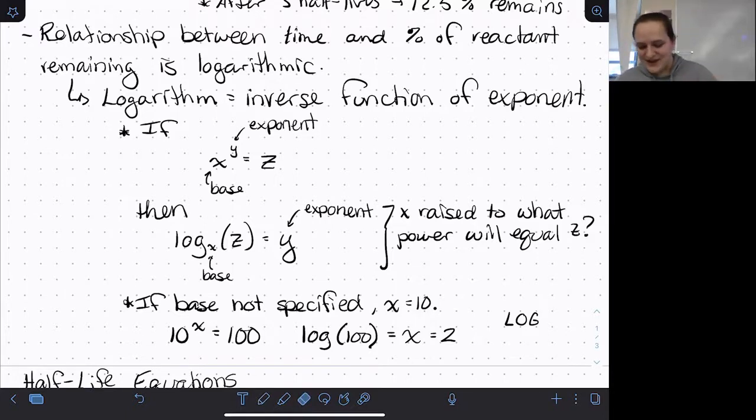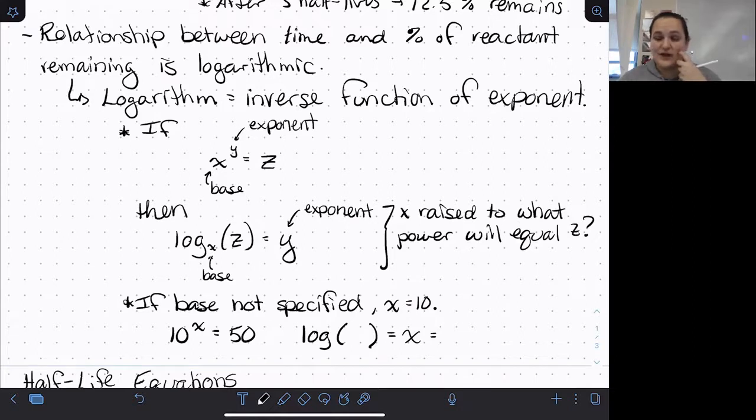So like this one, you could pretty easily come up with x is equal to 2, just because you know that 10 squared is 100. But for example, what if we wanted to do, instead of 100, 10 to the x equals 50. So now solving for x is not straightforward because x is not an integer.